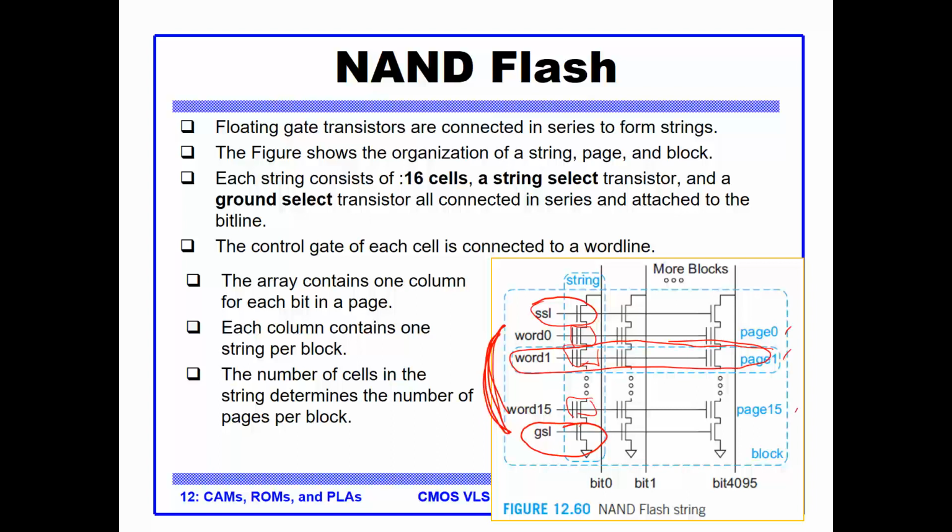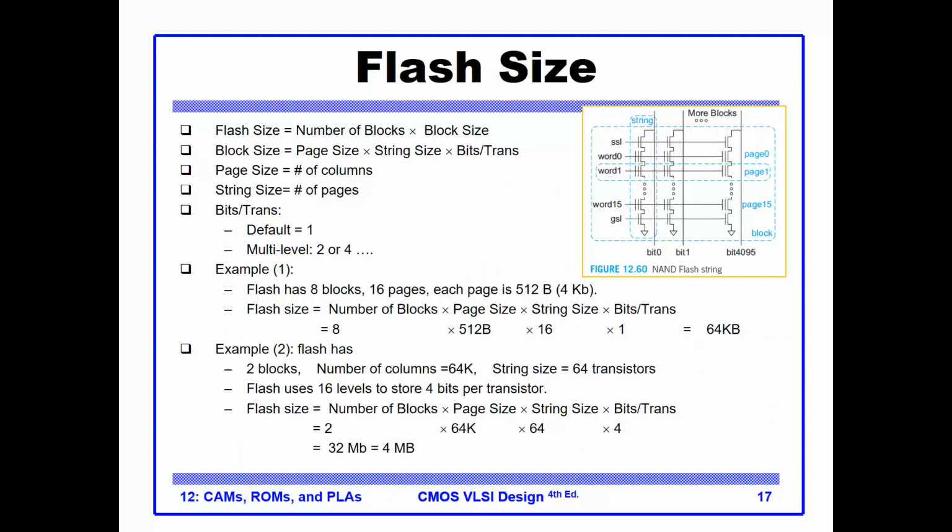Let us go to the next page here. One thing important in flash design is the size of the flash. The size of the flash is the number of blocks times the block size, because the flash chip typically consists of blocks, block 0, block 1, block 2, block 3, and there could be more.